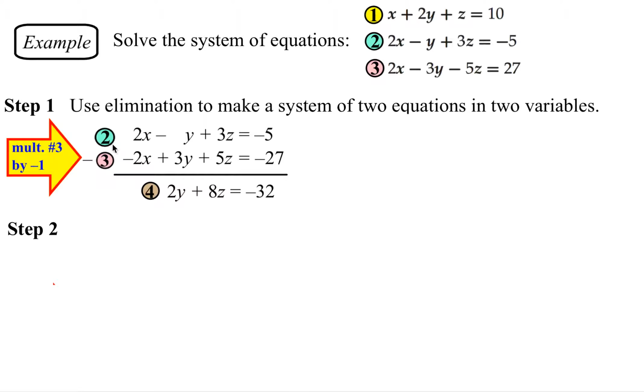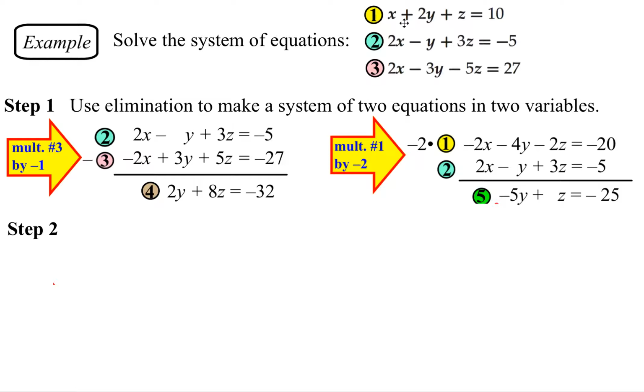And I used equation 2 and 3. Well, if I use equation 1 and 2 and get the x variable to drop out, then I'll have a second equation with the same two unknowns, with y and z, the same variables. So I went ahead and I multiplied equation 1 by -2, because then when I add these two equations together, my x variable will drop out.